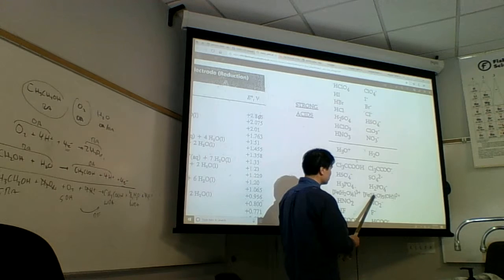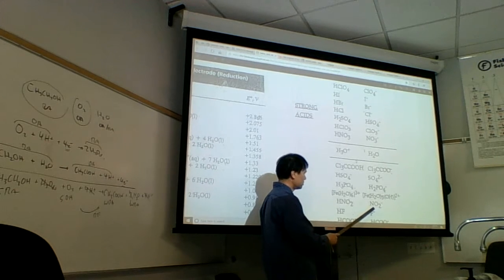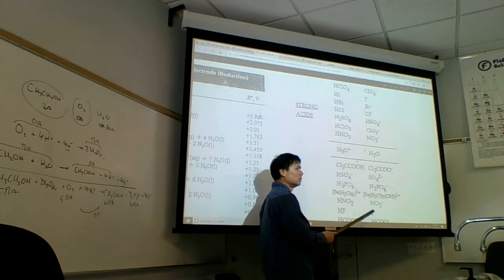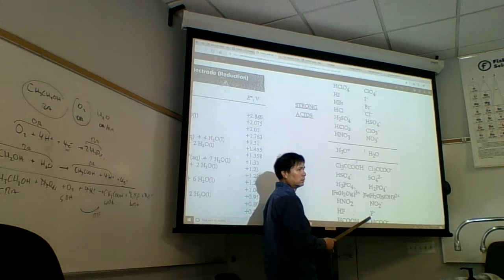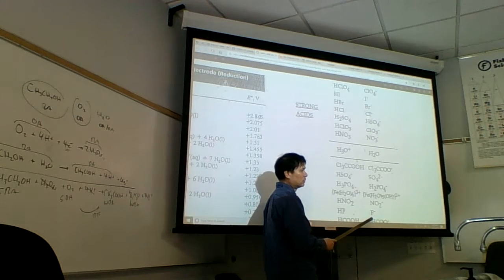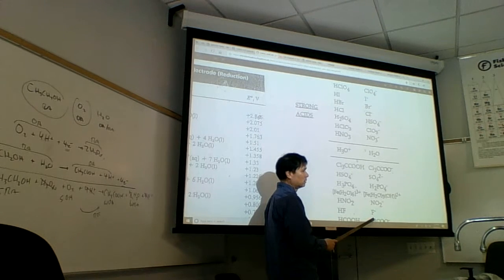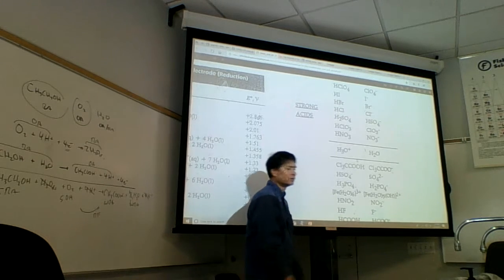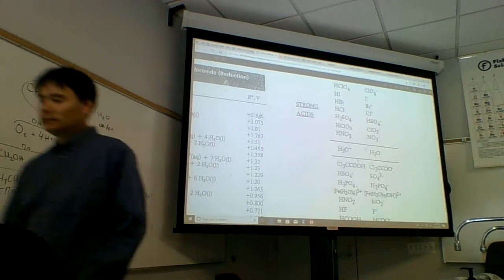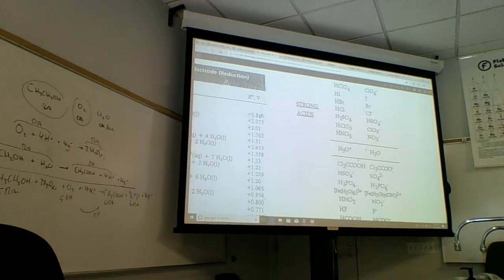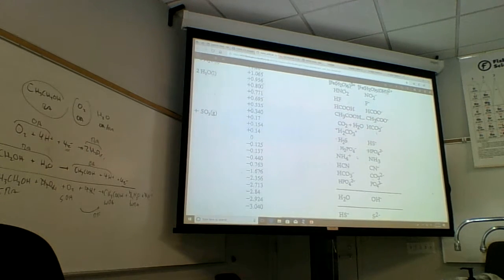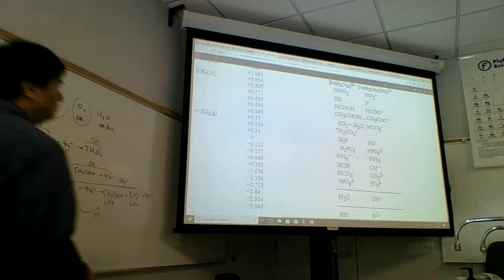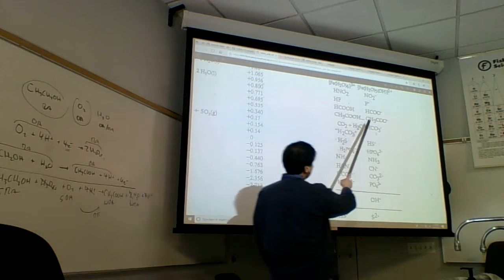This one, which we'll skip the name of. What's this one? You should know the name of NO2 minus. Nitrite. What is it? Fluoride. Fluoride. This one's called formate.